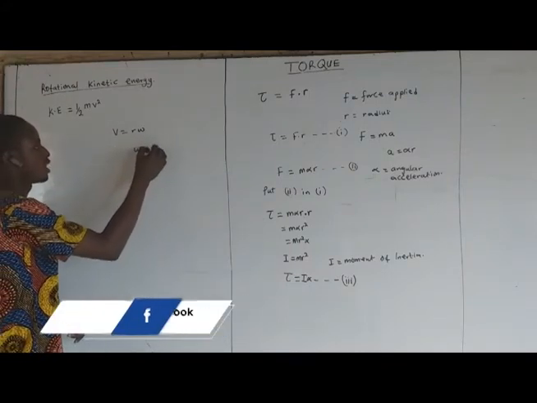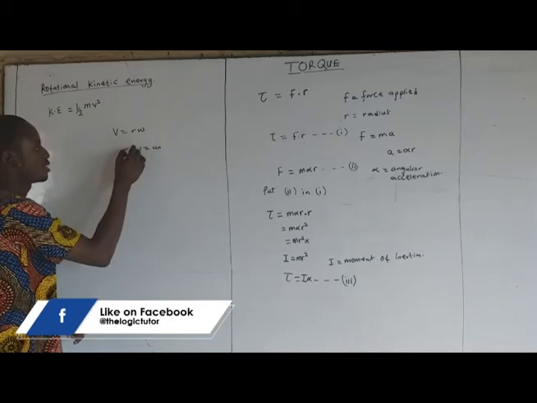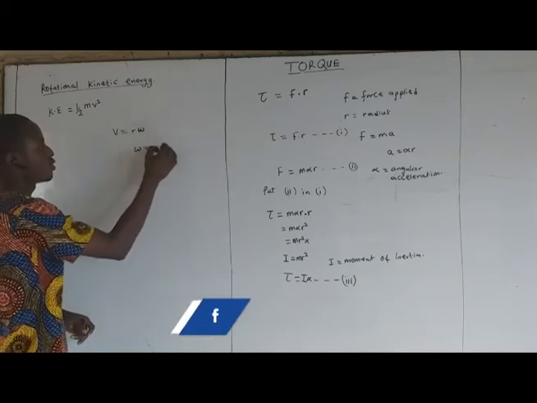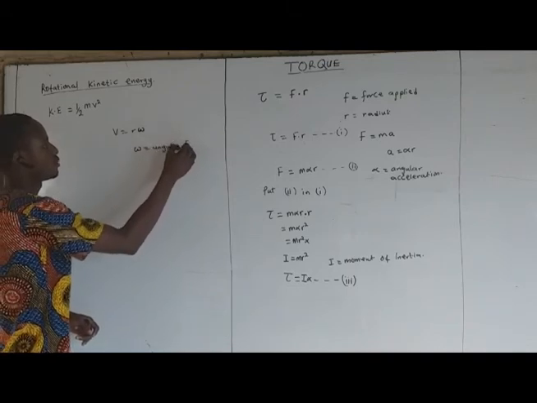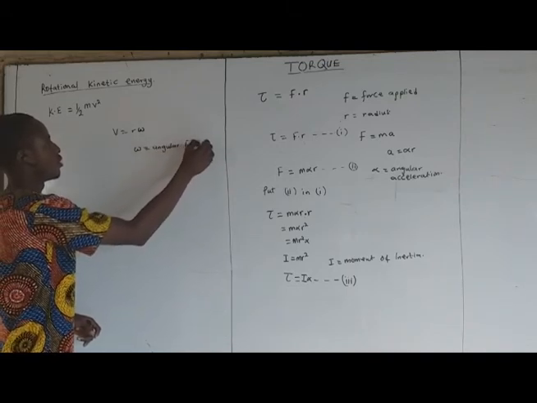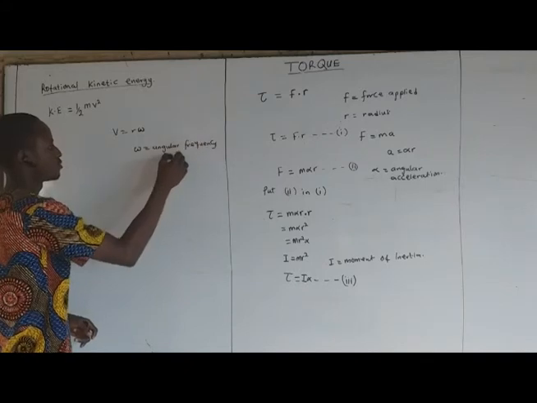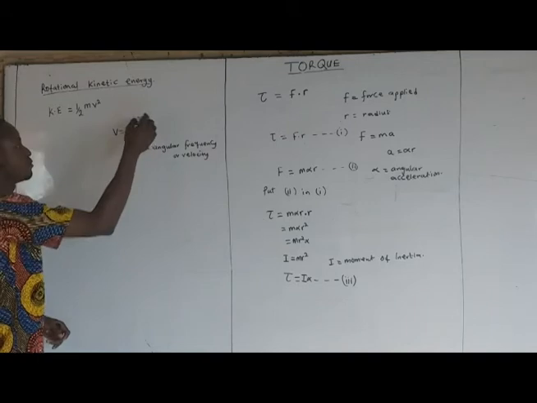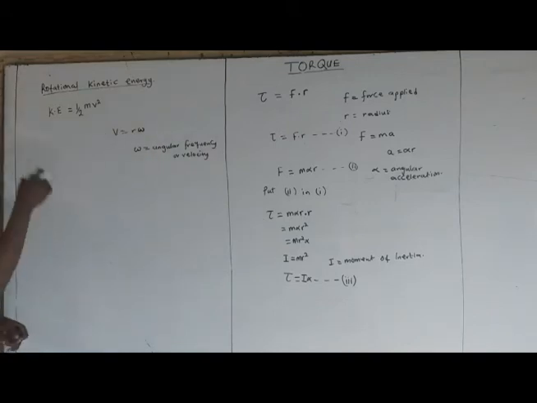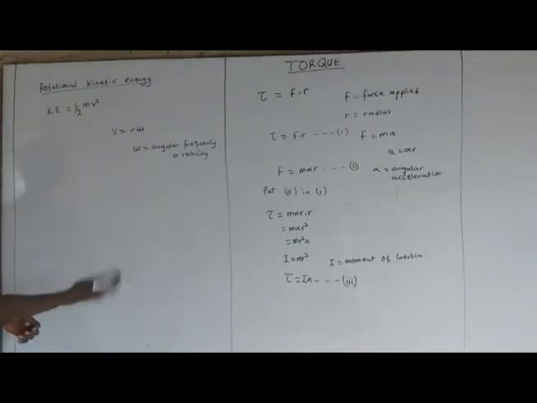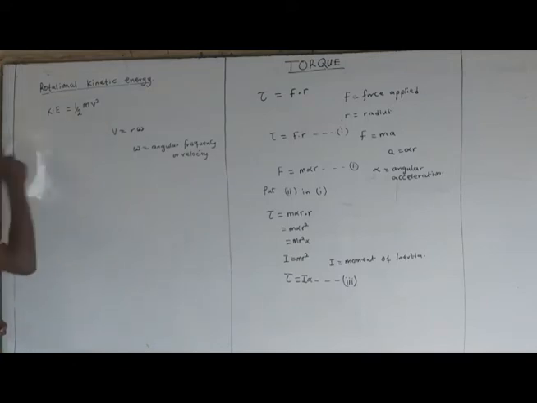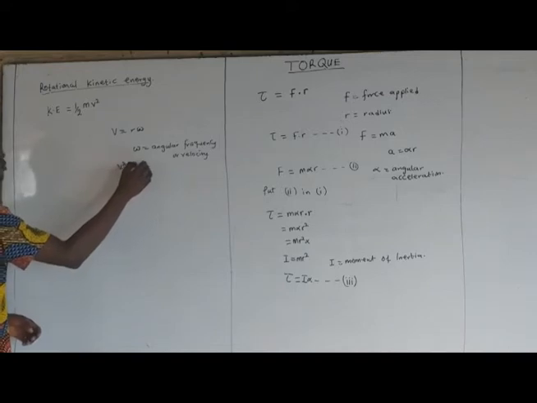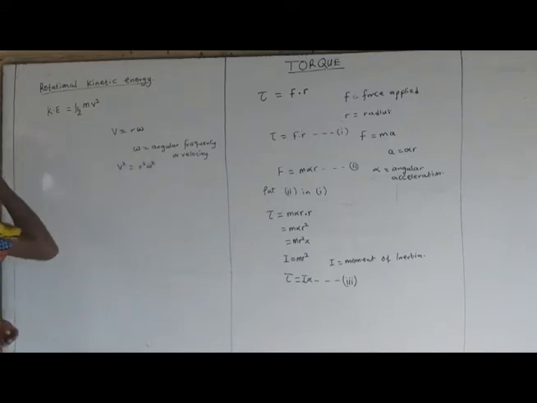W is actually represented by omega, so it is called angular frequency or velocity, where r still remains the radius and v is what we call the tangential velocity or linear velocity. So on putting that into this formula, v squared is going to be r squared omega squared.